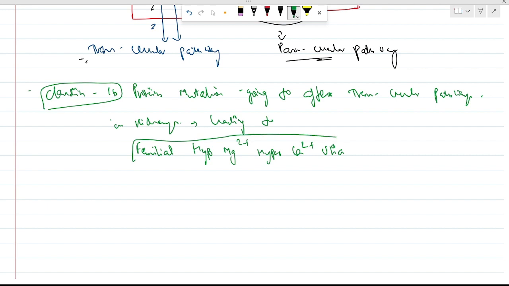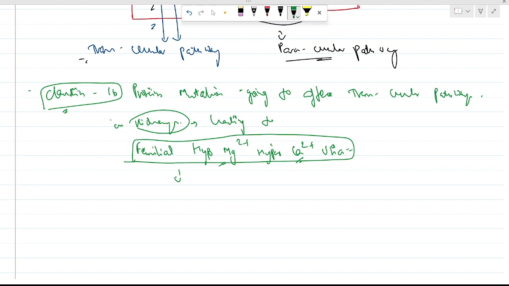Magnesium is decreased, calcium is increased. Familial hypomagnesemia, hypercalciuria is due to claudin 16 protein mutation in the kidneys.